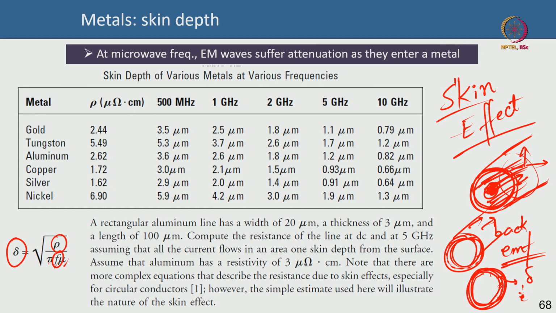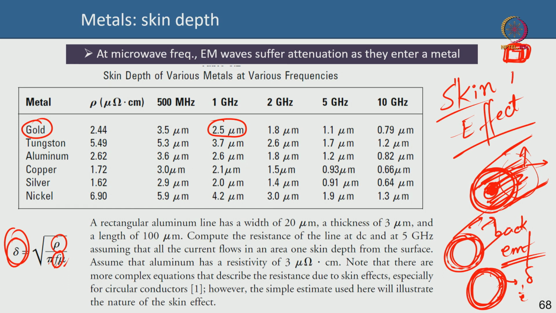So with higher frequency the skin depth becomes lower, which means, for instance, if I take gold and take 1 gigahertz of RF signal, then the skin depth is 2.5 micron. If I take a gold cable like that, or even a rectangular one, all the current will flow within 2.5 micron of the periphery, and the rest will not flow inside.